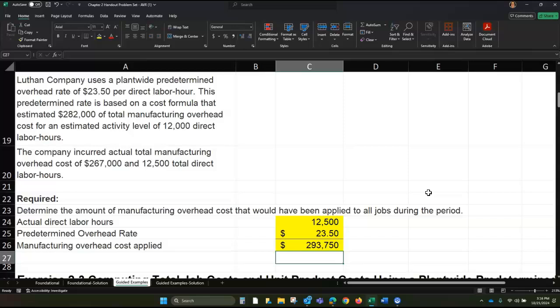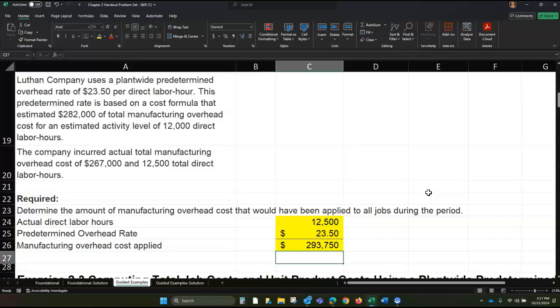We applied 293. You see it? Are we going to end up applying too much overhead or too little in this case? Too much. We're going to learn how to deal with that in a later chapter.